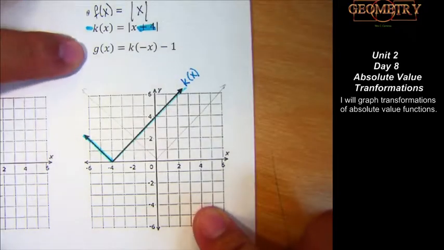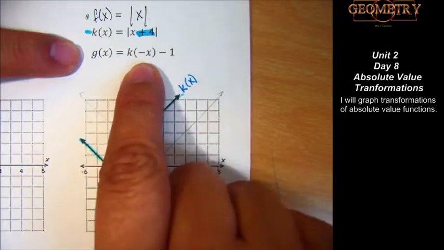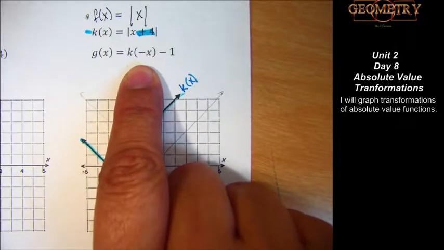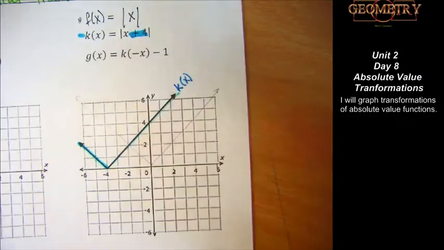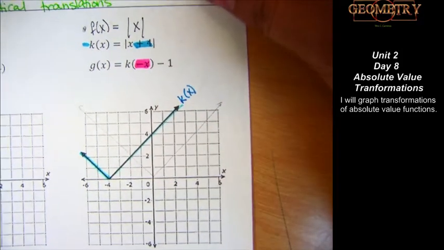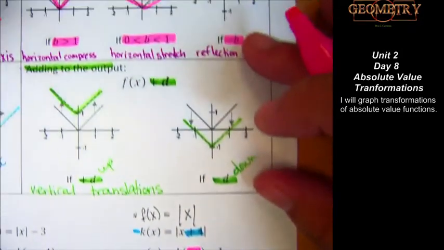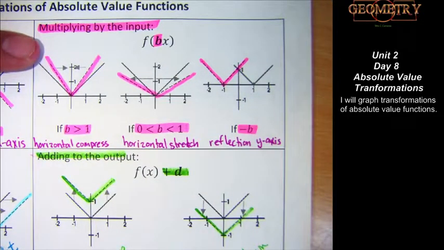We want g of x, and g of x is asking us to take k of x and put a negative inside of it, and then do this. So I'm going to look first at this inside portion. So this inside portion looks like I'm multiplying the input, so it's this box up here.